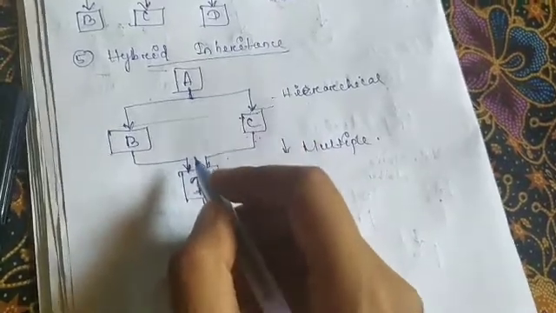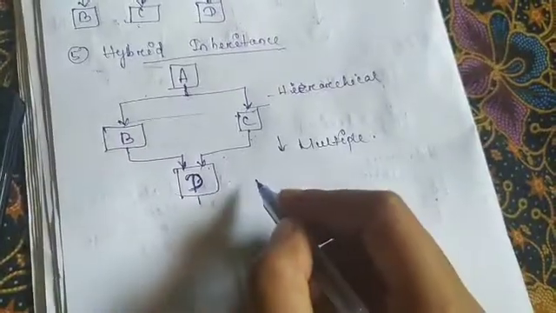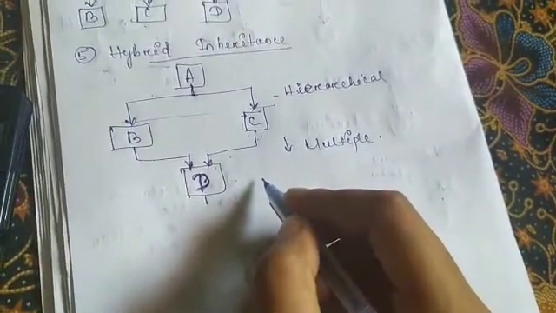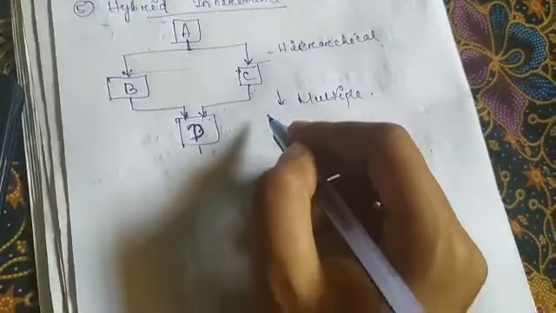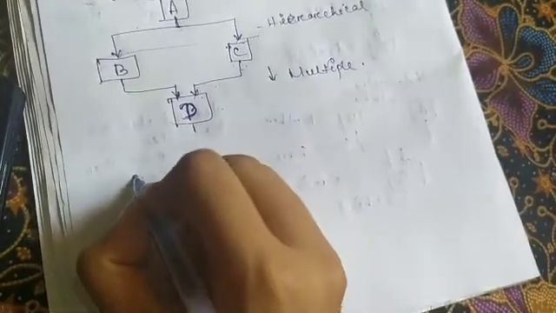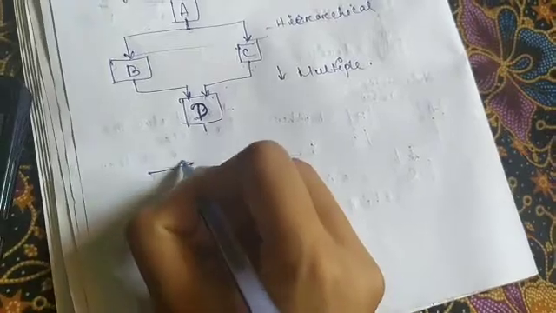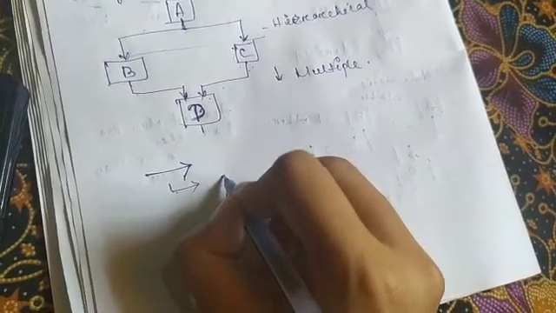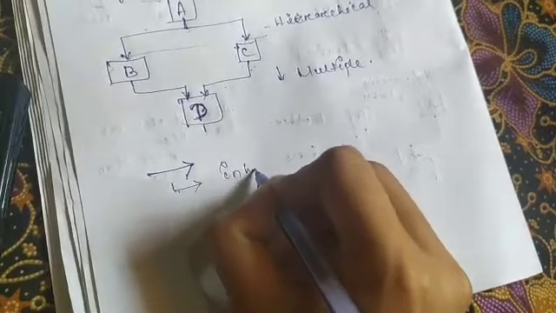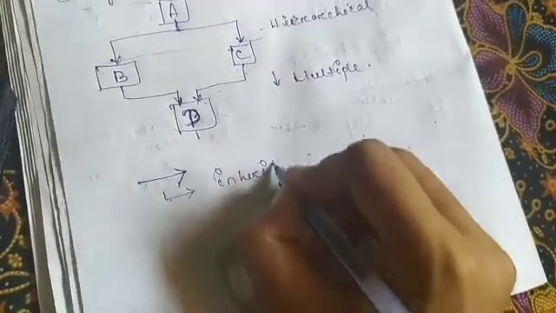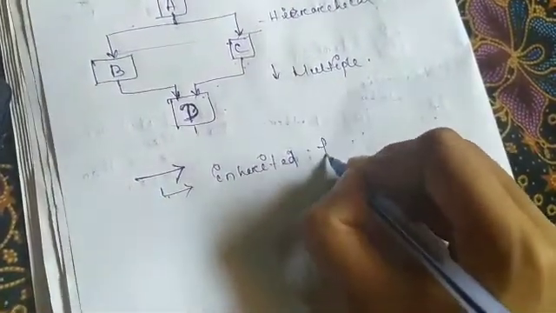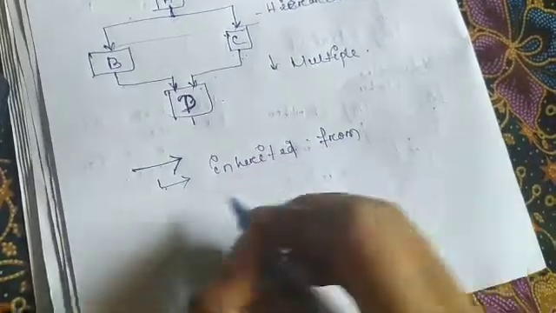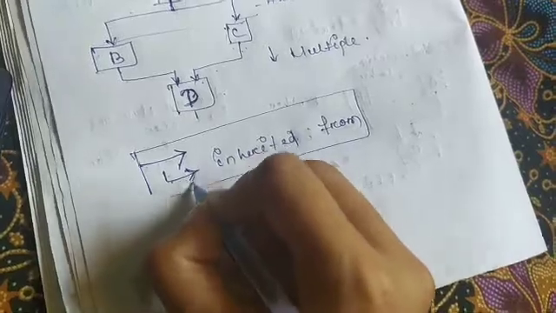These are the types of inheritance, and you only have to remember the direction of the arrow. The direction means inherited from.